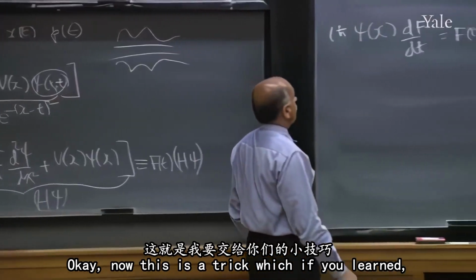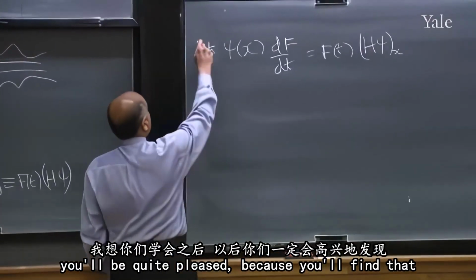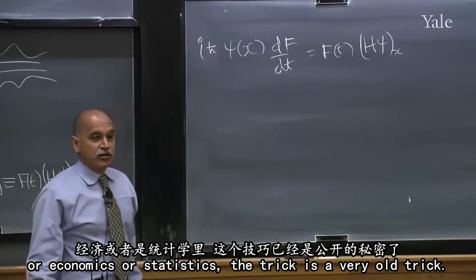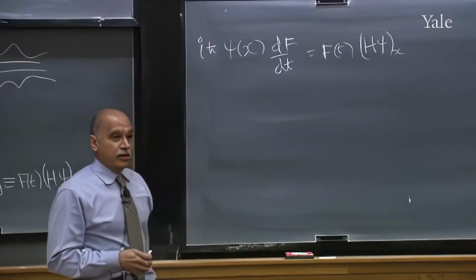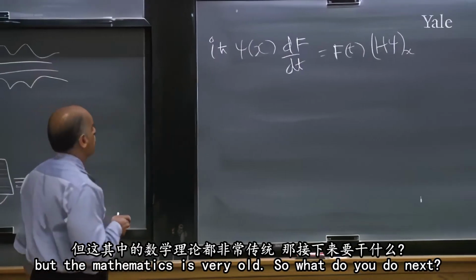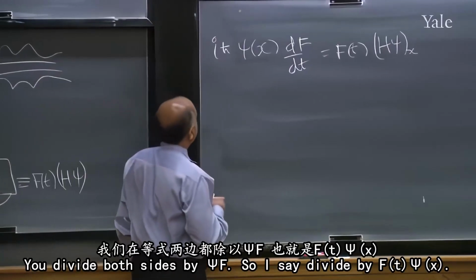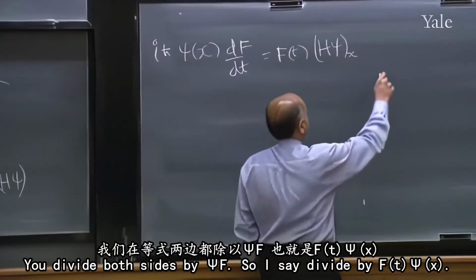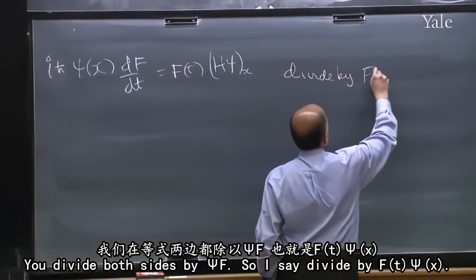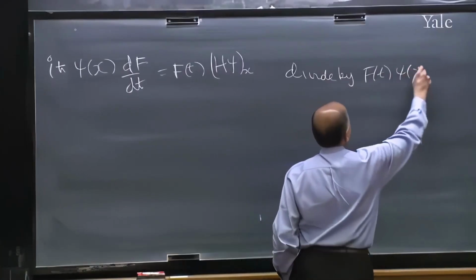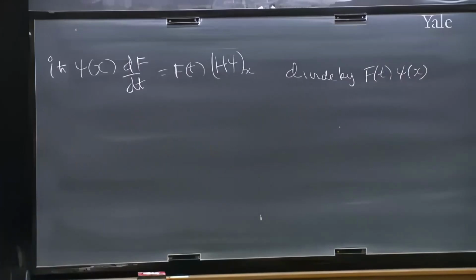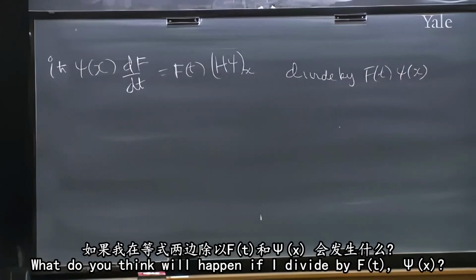Okay, now this is a trick which if you learned, you will be quite pleased, because you will find that as you do more and more stuff, at least in physics or economics or statistics, the trick is a very old trick. The problem is quantum mechanics, but the mathematics is very old. So what do you do next? You divide both sides by psi f. So I say divide by f of t psi of x. What do you think will happen if I divide by f of t psi of x?